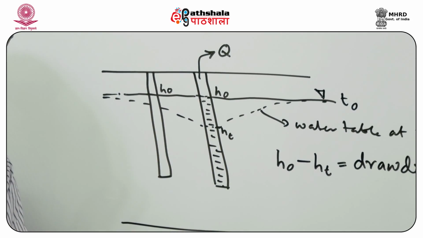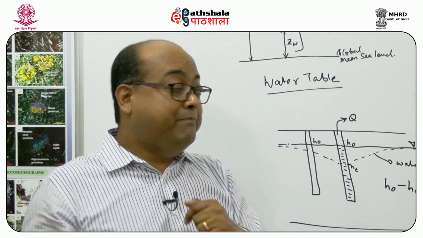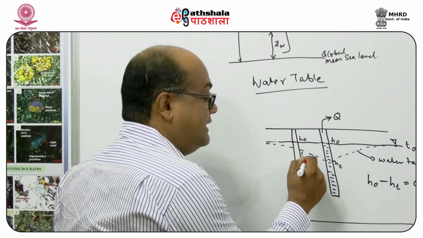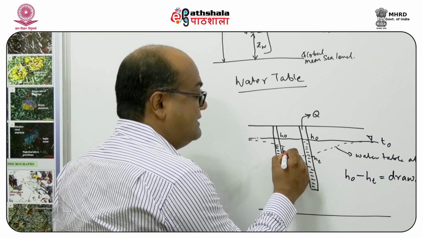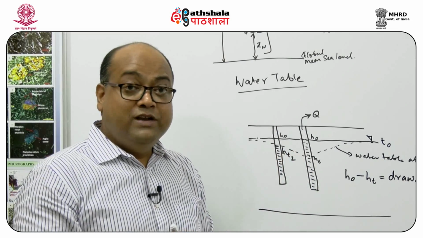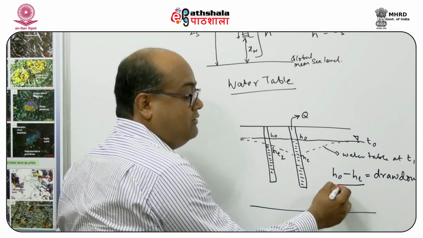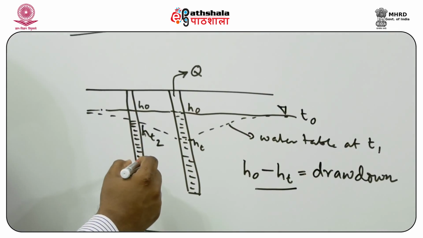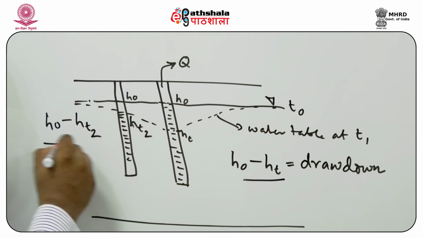Because the depression fades away as you move away from the pumping well, let us call the water level at this point HT2. So what is the drawdown in the pumping well? The drawdown is H0 minus HT. And what is the drawdown in this observation well? It is H0 minus HT2.